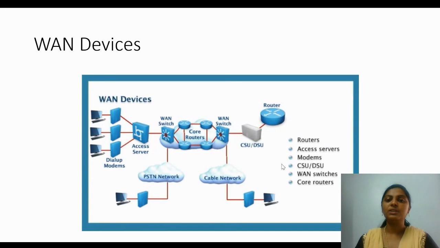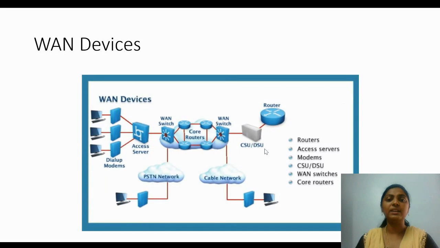And then coming to another device called the CSU DSU unit, which is the channel service unit or the data service unit. It also has three important capabilities. The first one is it monitors the clocking in the transmission line. The second functionality is it performs frame synchronization.